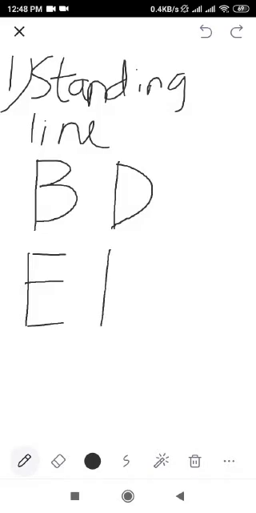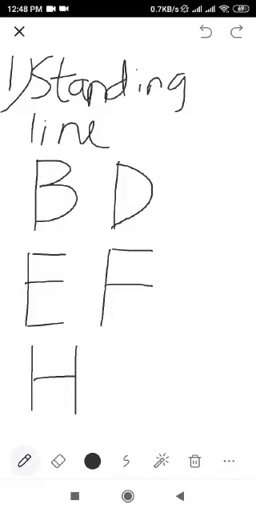After that 2 sleeping lines you have to draw in letter F, right? Then in letter H you have to use 2 standing lines like this, right? After that you will join these 2 standing lines by a sleeping line in the middle. So it is made letter H.